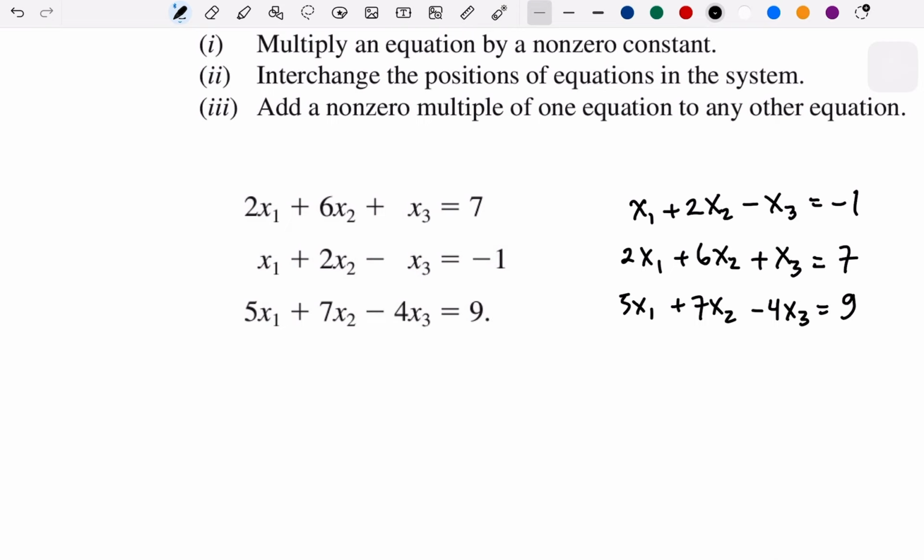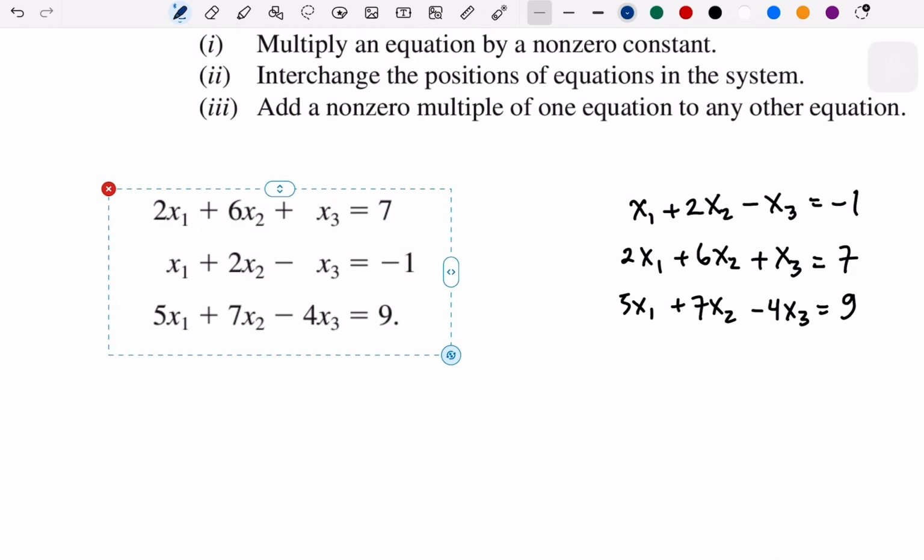So if we want to remove x1 on the second row, on the second equation, what we can do is add a multiple of another row.